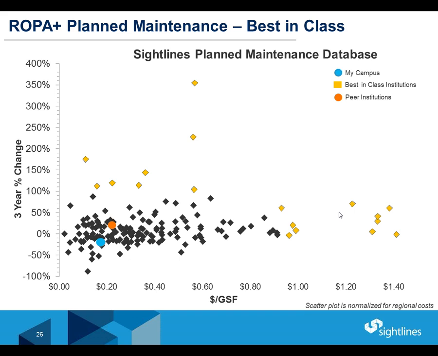What we look at here, as he mentioned, the y-axis looks at the percent change in planned maintenance investment, the x-axis looking at the total investment. And the first question when we started developing this was, can you be a best-in-class institution only if you can afford to be? And the answer to that is no, which frankly makes the analysis that much more difficult. But we wanted to identify institutions that were the best given their challenges as well as their resources.